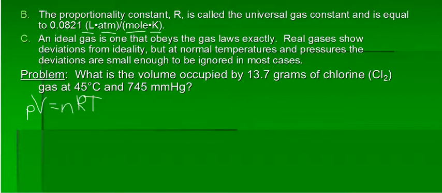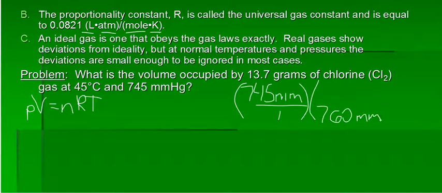Pressure has to be in atmospheres. So we have 745 millimeters, and we need to convert that to atmospheres. There are 760 millimeters for every 1 atmosphere. And so that's going to come out to a pressure of 0.98 atmospheres.